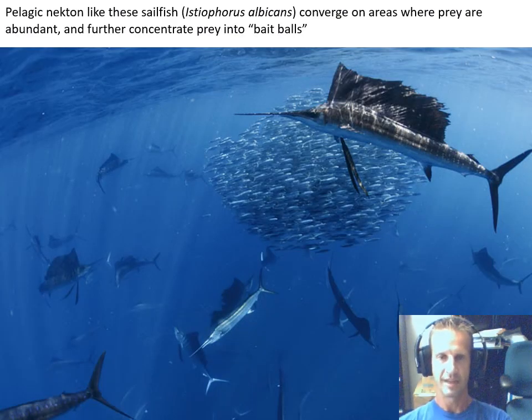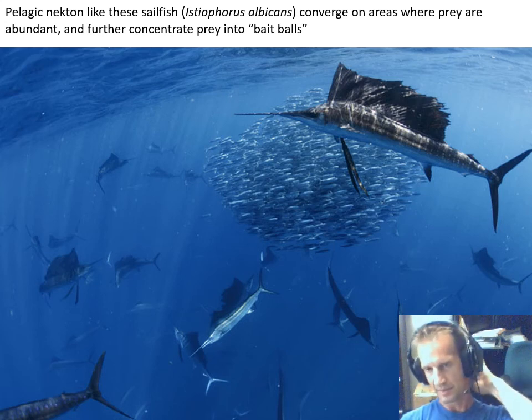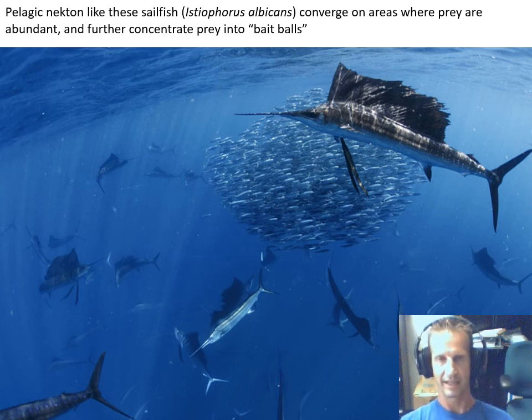Mobile organisms don't just clump together passively as a result of currents, but they will intentionally school together for protection, or sometimes predators will drive their prey into tighter congregations that they call bait balls, which then makes it actually easier for them to feed on. So these predatory sailfish here have corralled these bait fish into a ball where they can prey on them more easily.